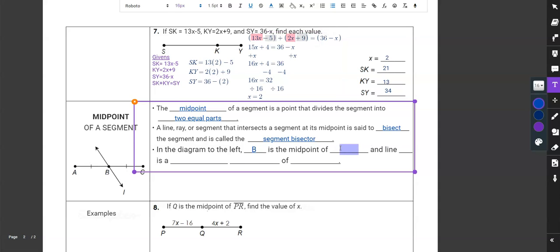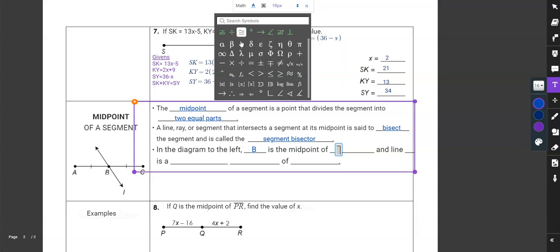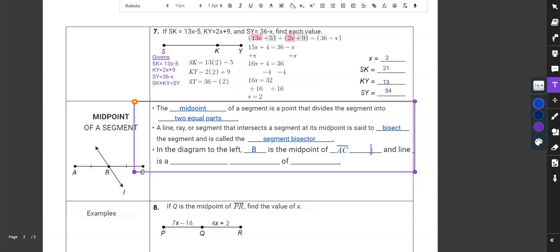So the segment is segment AC. So I'm going to go here in my formula. I'm going to change my color so it matches. Segment AC. And then I'm going to get rid of some of this. All right.